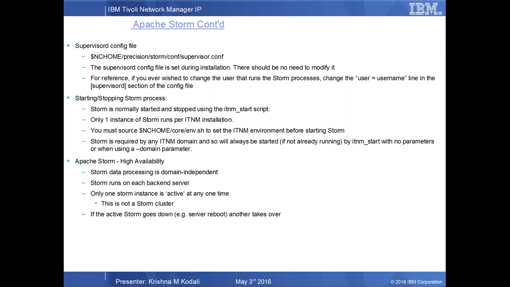But if you have a scenario where you have a multi-host, multi-domain, only one Storm will be active. Obviously, this is not a cluster environment. If one Storm goes down, the second one, or whichever is in the queue, will take over. I'll move on to the next slide.